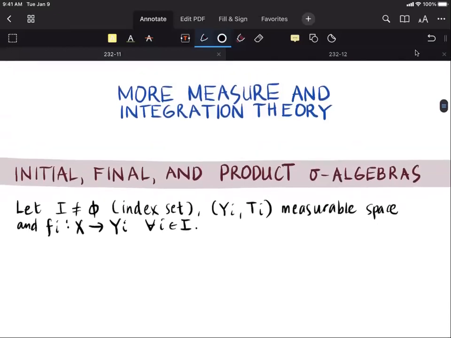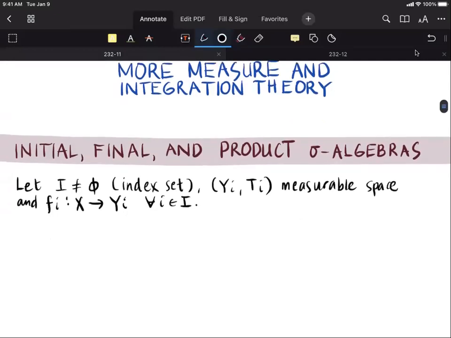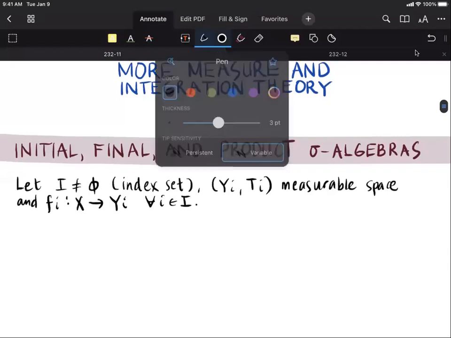So here we would like to give a sigma algebra on the domain X, that is the common domain of all these functions, given the sigma algebras on each Y sub I. And that would be the initial sigma algebra.